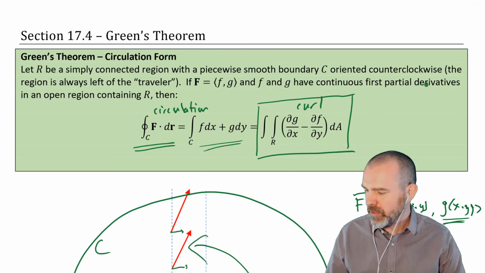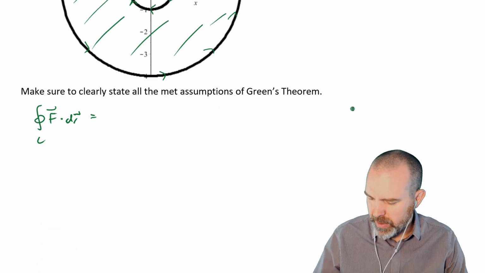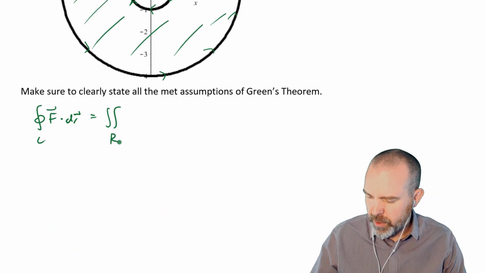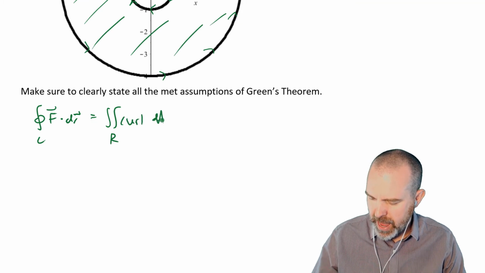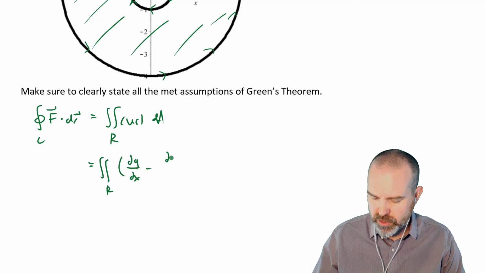This is not the flux version. All right, so that's going to be the double integral over the region of the curl, dA. And the curl was the partial derivative of g with respect to x minus the partial derivative of f with respect to y.